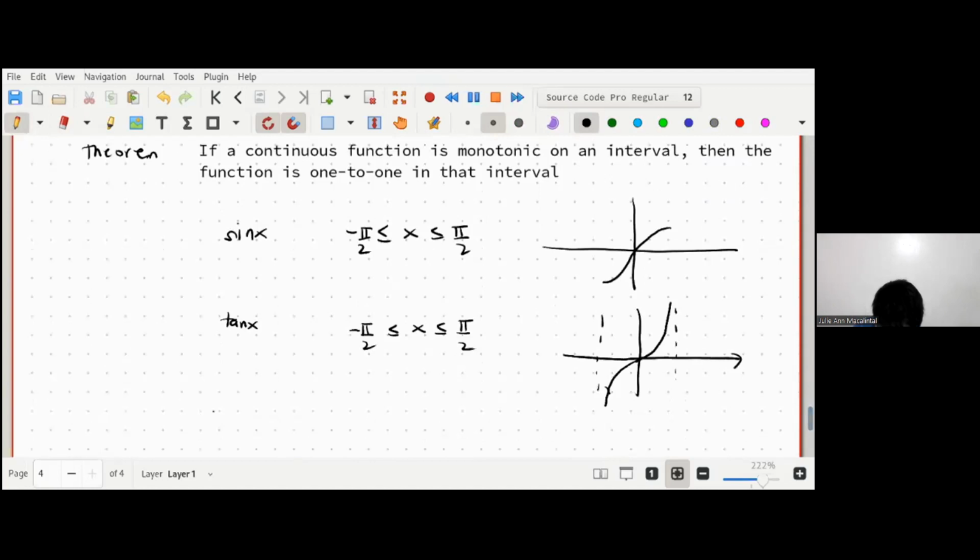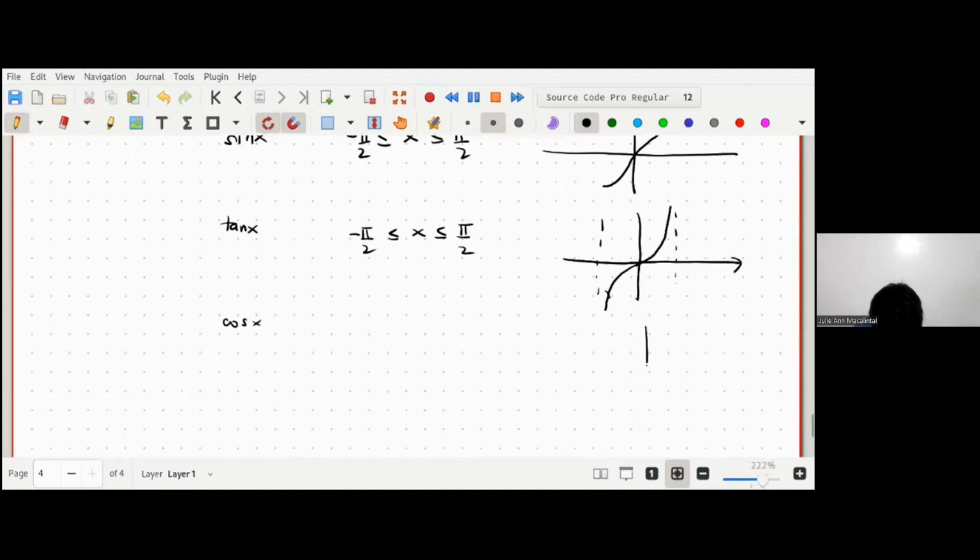Yung cosine, hindi gagana dyan. Gagana lang yung cosine kapag if we graph from 0 to pi. So if we want cosine to be monotonic, kailangan i-restrict natin yung domain to 0 to pi.